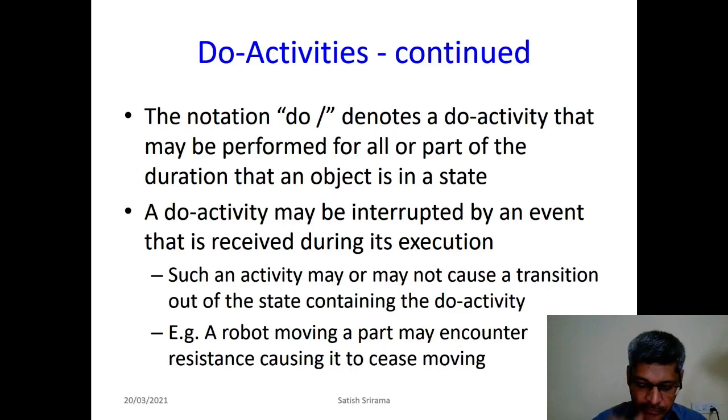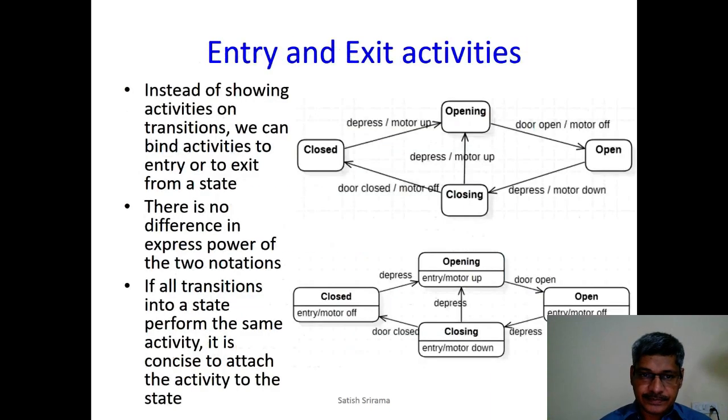It cannot move anymore because something is obstructed. That's an event which has happened in the middle. The do activity is moving, and in the middle this resistance has come. Now it has moved to a different state, for example, not moving at all. It can be designed as a different state. That's about the do activities.